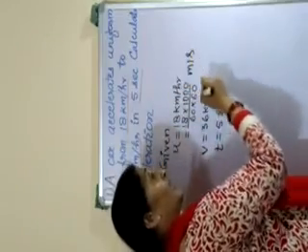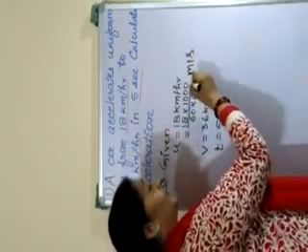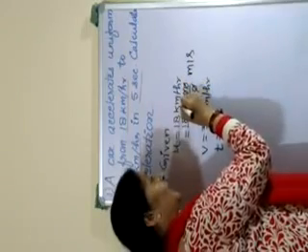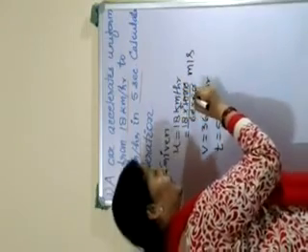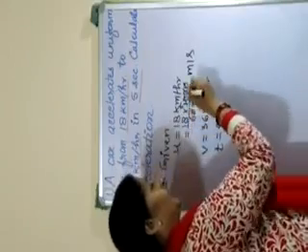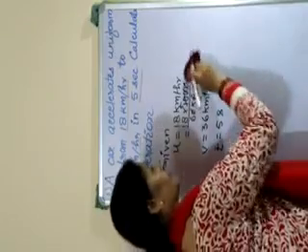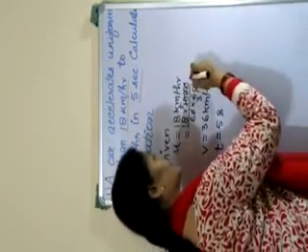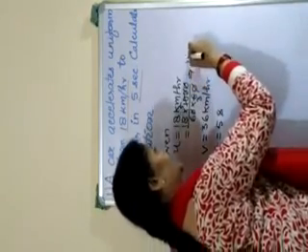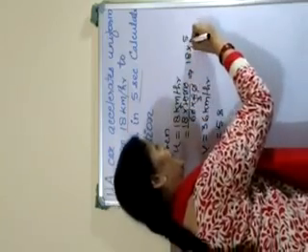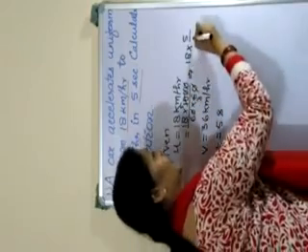After calculating this, we will get what? Just cancel out, and this is 5 by 18.